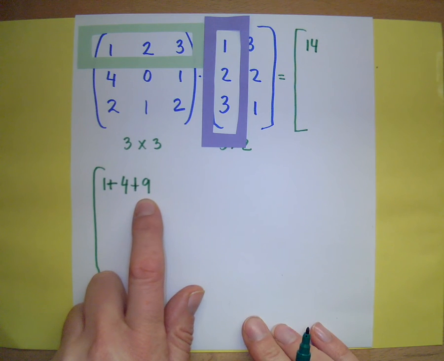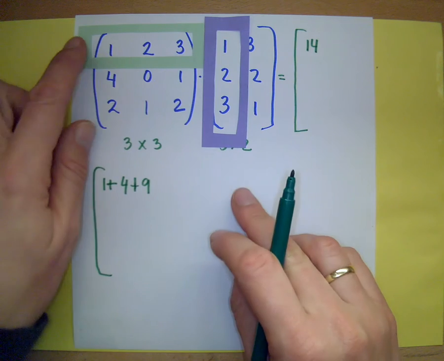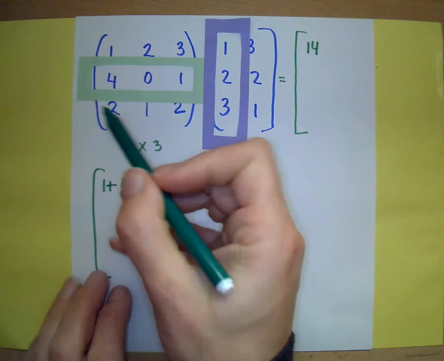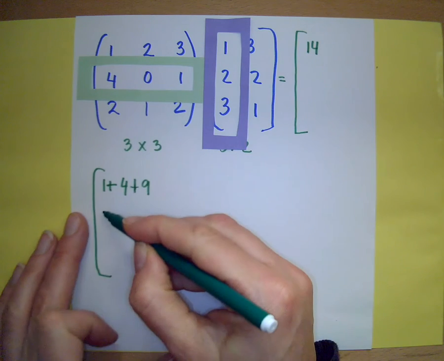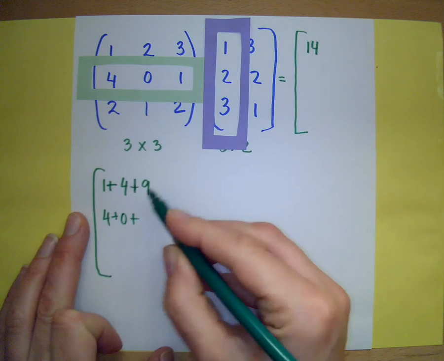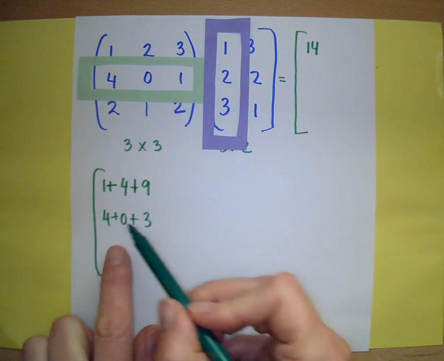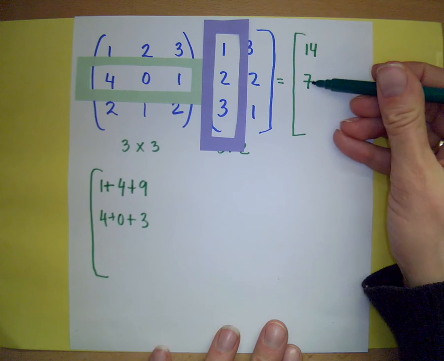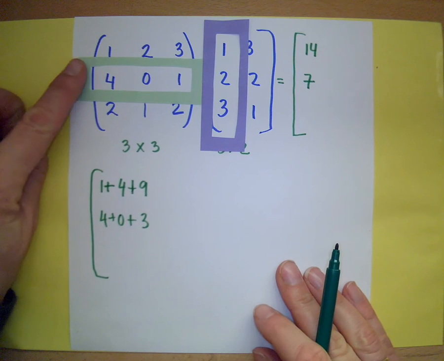Then I want to do the one down here. 4 times 1 is 4. 0 times 2 is 0. 1 times 3 is 3. This added together is 7. We've now found our number here, second row, first column.